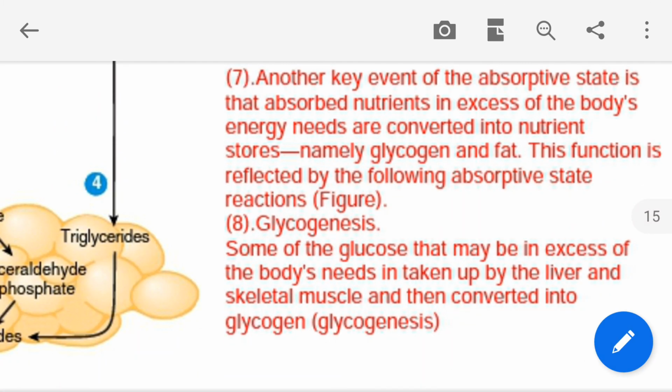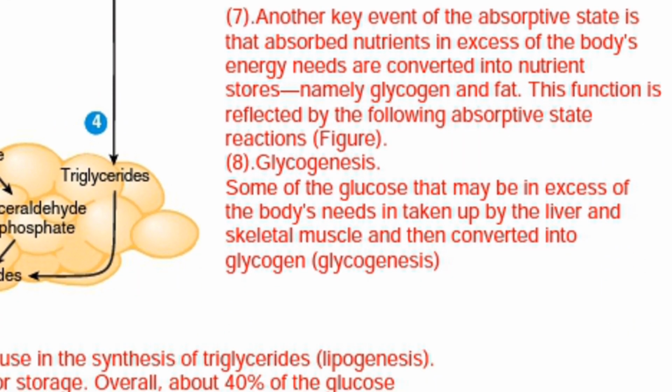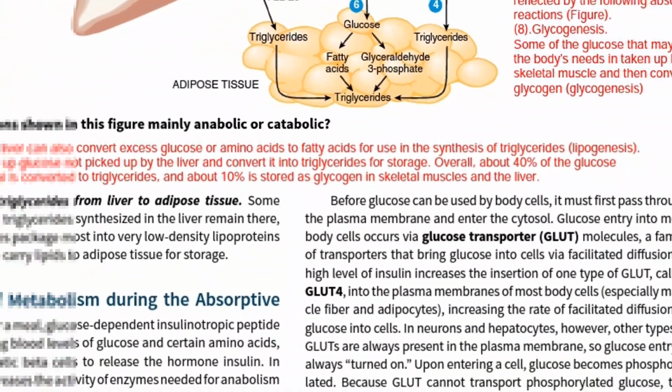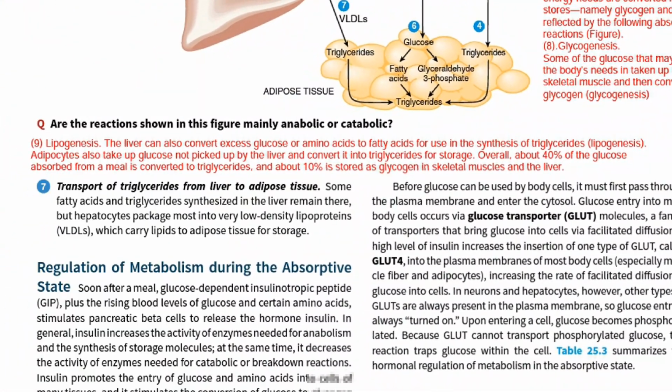We have discussed these things, 7 and 8 point, and last point, point number 9, lipogenesis, conversion of glucose or amino acid to fatty acid, and then fatty acid is used in the synthesis of triglyceride. That process is known as lipogenesis, lipid formation.